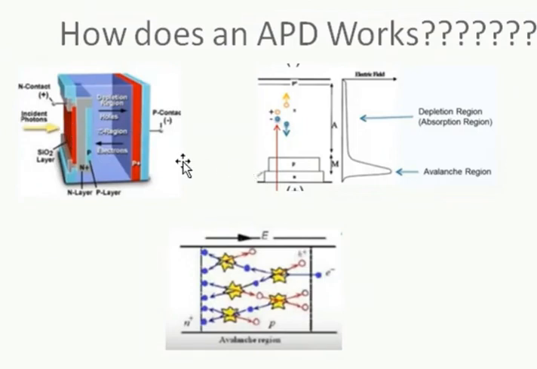The light enters through the N plus region and P plus region, and then goes into the intrinsic region, where it is absorbed, and hence electron hole pairs are generated. Under the strong electric field set up by the external reverse bias, the electrons will be drifted towards the anode, and the positively charged holes will be drifted towards the cathode.